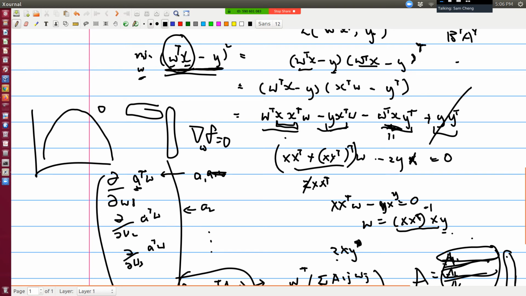I probably shouldn't go into that since it's not directly related, but anyway, it has a name: the pseudo inverse.